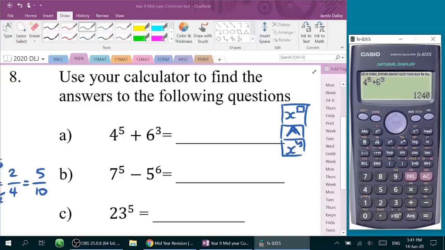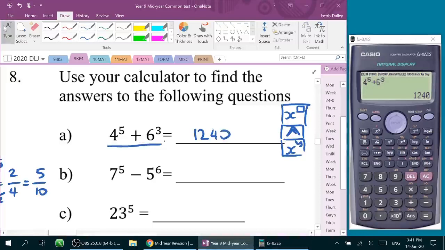So that's going to give us 1,240. So you really want what you've put into the calculator to look exactly like it is on the paper, and it should be okay if you make it look exactly the same. All right.